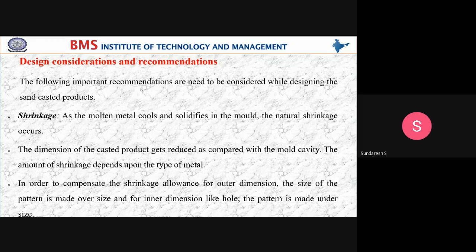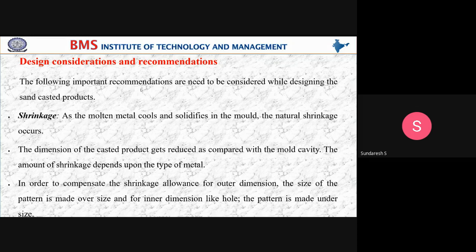That's what I was talking about at the beginning: knowledge of materials is very important for a design engineer. Different materials shrink by different amounts, so you should be in a position to decide which material is best suited for the product, and what shrinkage allowance to give for that material.